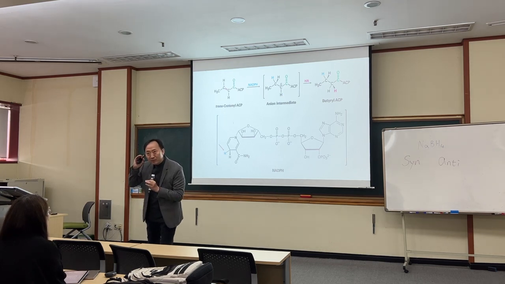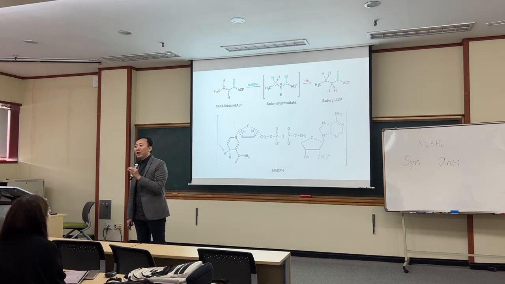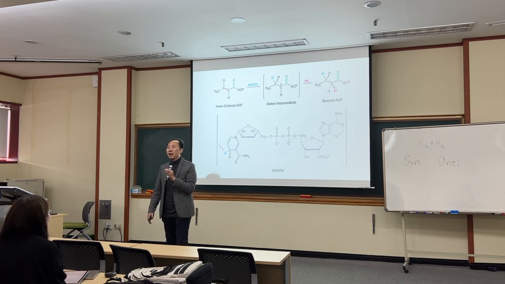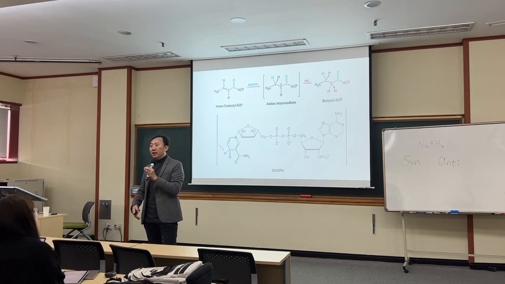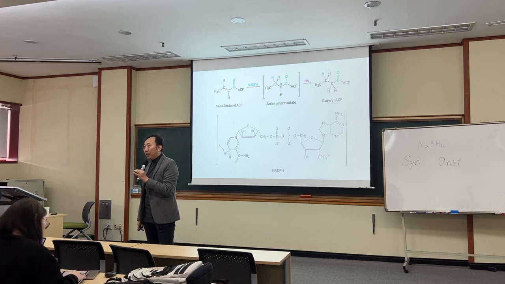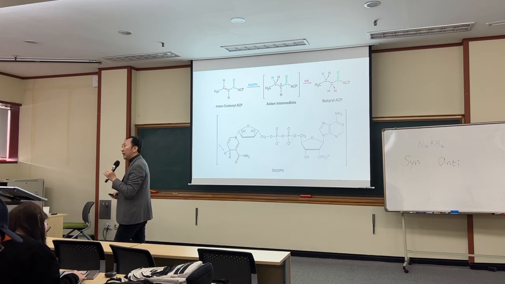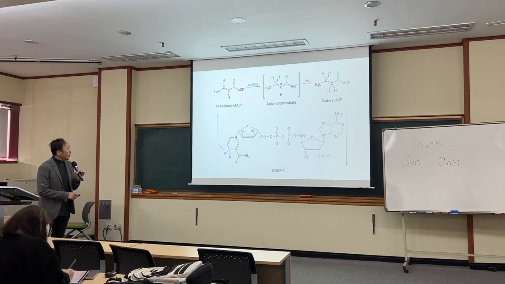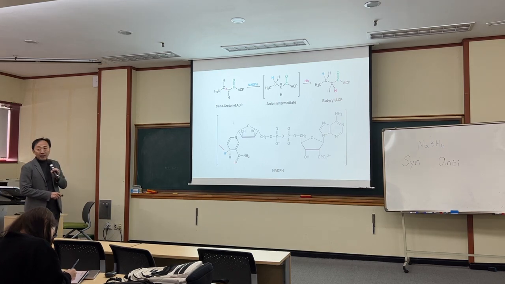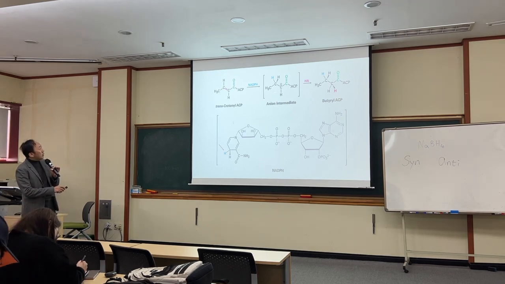It's 2.5, approximately 3 they say, depending on the efficiency. One NADH can generate 2.5 or 3 ATP. That's a much higher energy material. And this NADH is the source of H minus, and then it can reduce this bond.